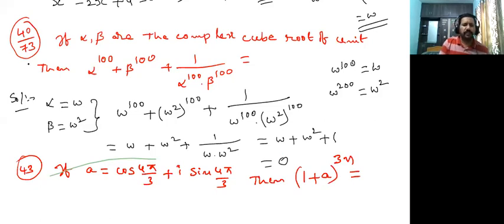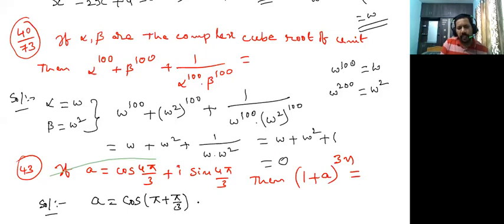This is the question. First calculate that 4 pi by 3. 4 pi by 3 we can write as pi plus pi by 3, or not? A is equal to cos of pi plus pi by 3.